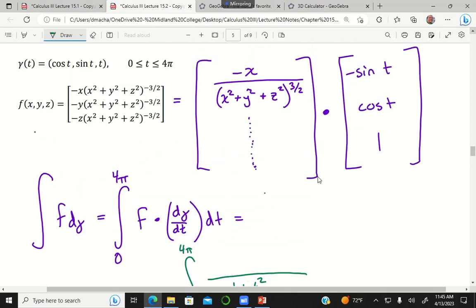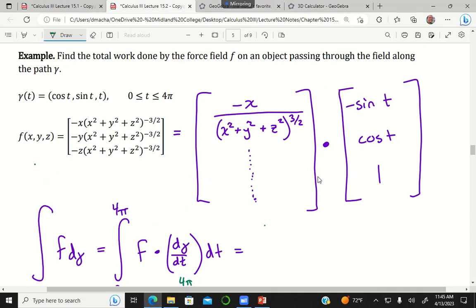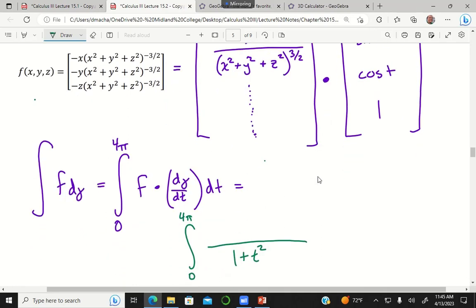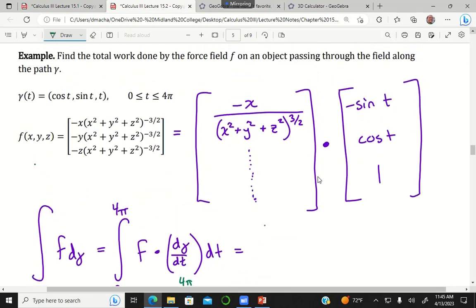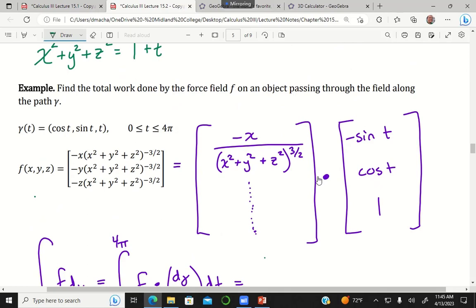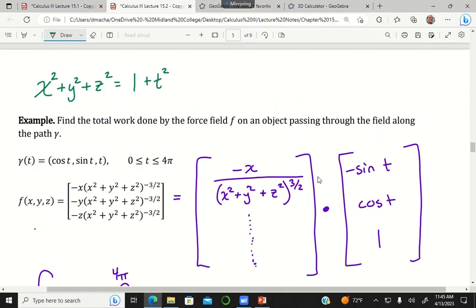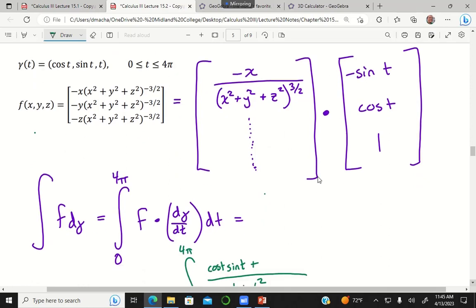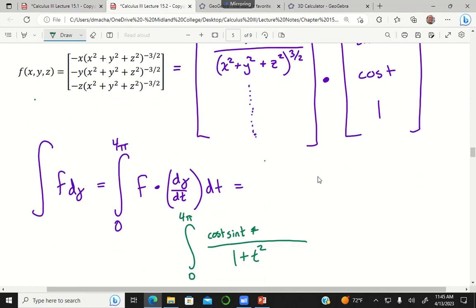Now up top, I have to worry about what is negative x times negative sine t. Well, it's negative cosine t times negative sine t. That's cosine t times sine t. Then for my second entry, I'll have negative y times cosine t, which is negative sine t times cosine t, so that's minus sine t cosine t, so that'll cancel.